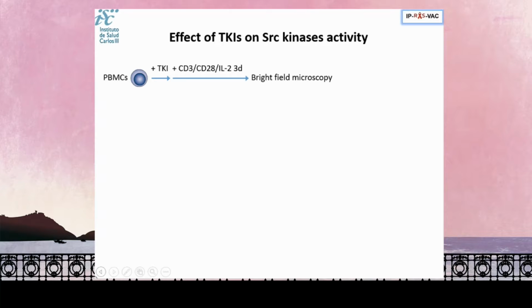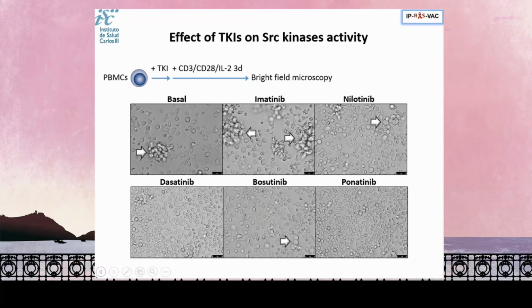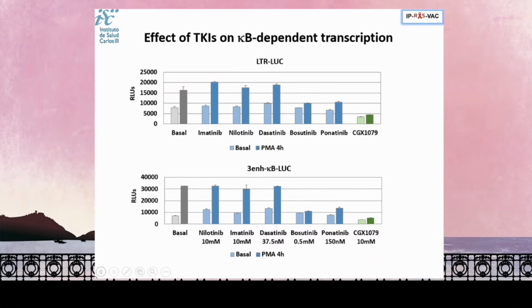We also wanted to determine if these cells were able to respond to proliferation and the formation of proliferation foci, and this was analyzed by bright field microscopy. And here we observed that imatinib and nilotinib were not so able to interfere with the proliferation of the cell, but dasatinib and ponatinib were very efficient, and no activation was observed in response to this stimuli.